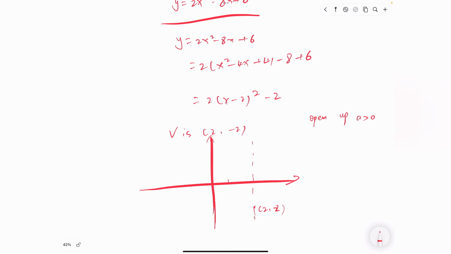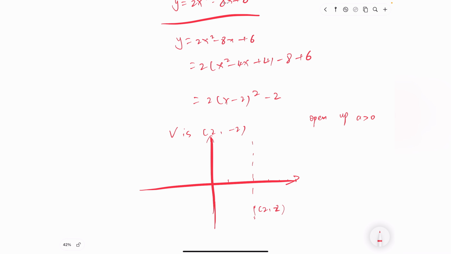And when x equals 0, y equals 6. That is here, 0, 6. The other one should be 4, 6.